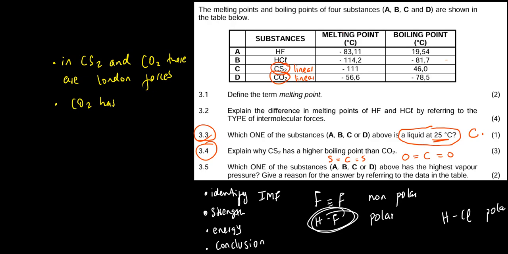When you check the periodic table, as you go down, the size of atoms increases. That means chlorine is a bigger atom compared to fluorine. Bromine is a bigger atom compared to chlorine. You see, as you go down, the size increases. And if you check the periodic table, sulfur, I think it's gonna be larger compared to oxygen. Is that true?